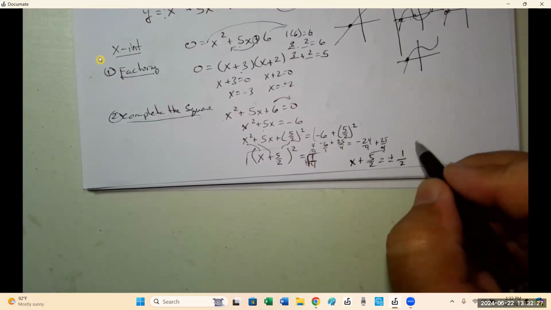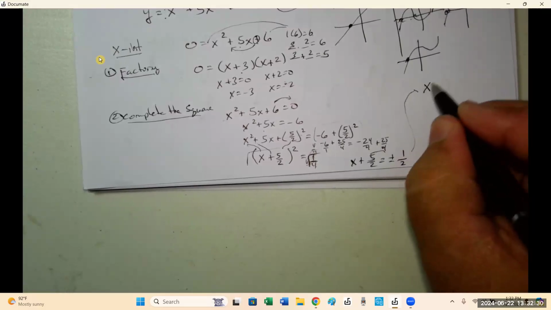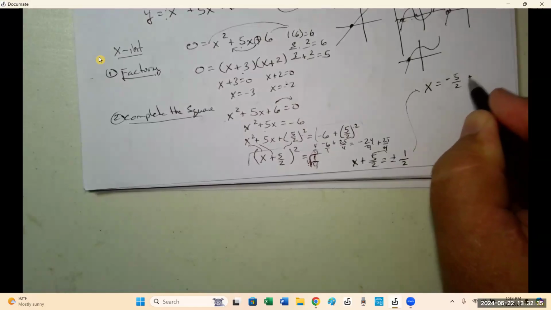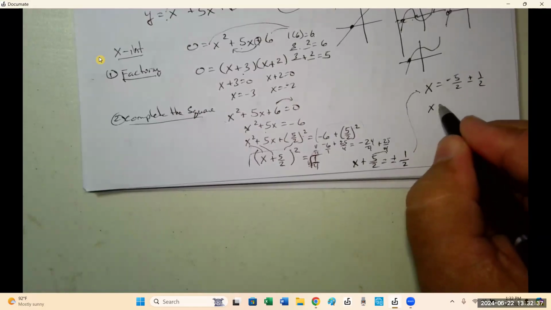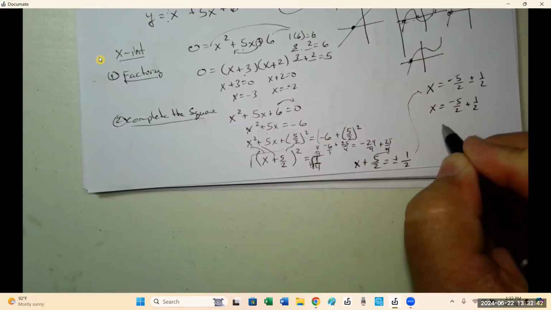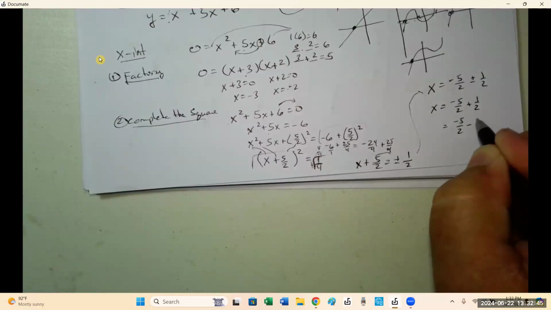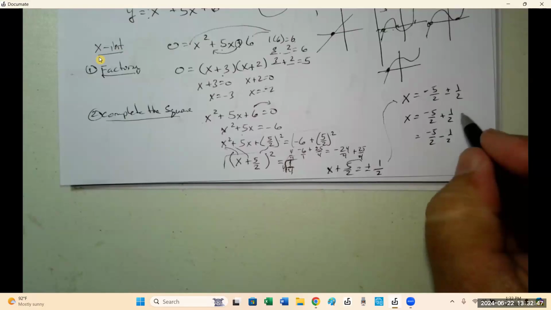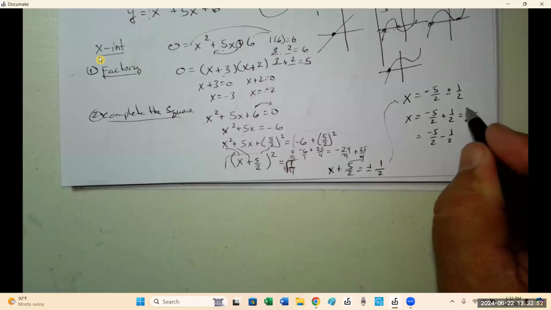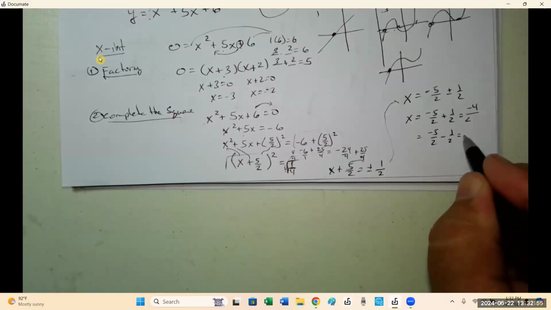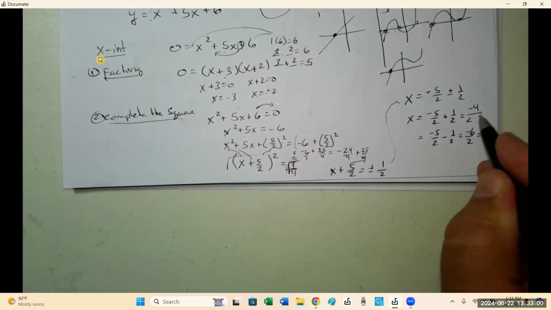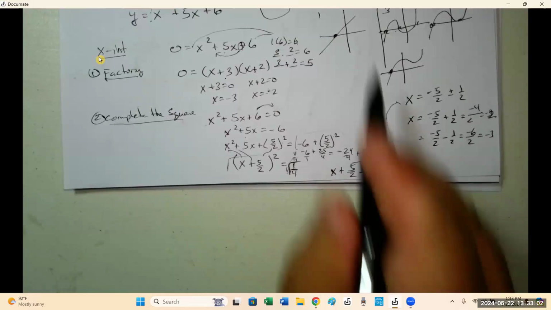We move that over. So x can equal -5 over 2 plus or minus 1/2. Plus 1/2, -5 over 2 minus 1/2. -5 plus 1 is -4. -5 minus 1 is -6. So it's -2 and -3. Same thing we got earlier.